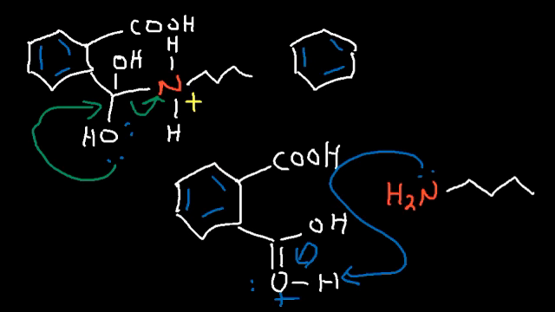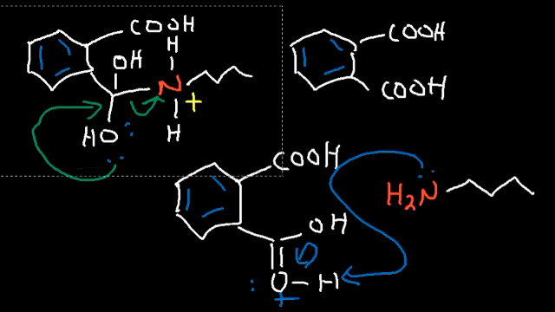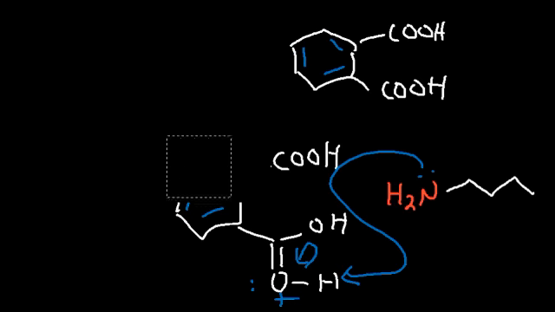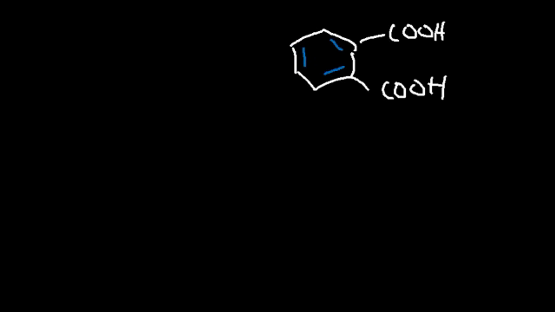We haven't reached the fourth step yet, but after the third step, we can see that we have phthalic acid, which is fully protonated, and in addition to that, we have a protonated primary alkyl ammonium ion. So we have a nitrogen with 4 carbons and 3 hydrogens attached to it.